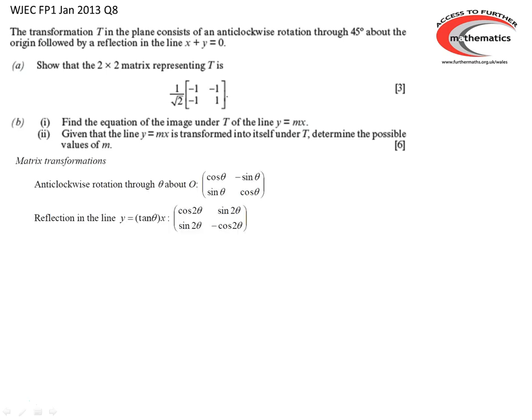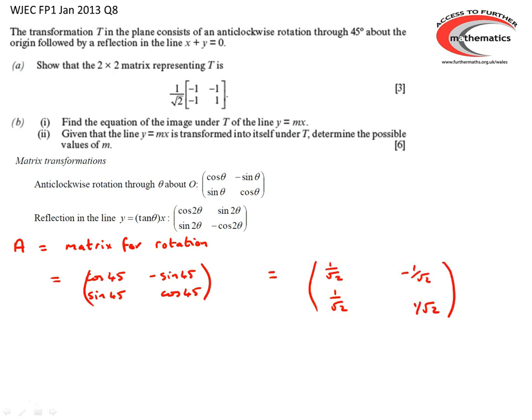If we remember the results that are given in the formula booklet, then we can see that an anti-clockwise rotation of 45 degrees about the origin is going to be represented by the matrix whose first column is cos 45, sin 45 and whose second column is minus sin 45, cos 45, in other words by the matrix with first column 1 over root 2, 1 over root 2 and second column minus 1 over root 2, 1 over root 2.